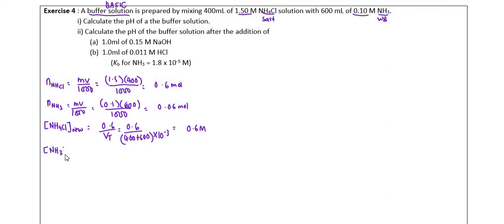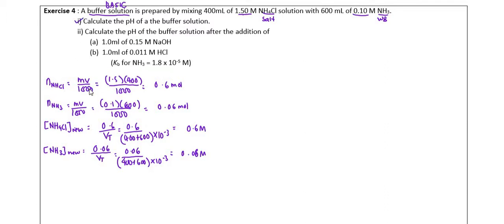Concentration of new ammonia is 0.06 over total volume, 0.06 over 400 plus 600 times 10 exponent negative 3, which will become 0.06 molar.